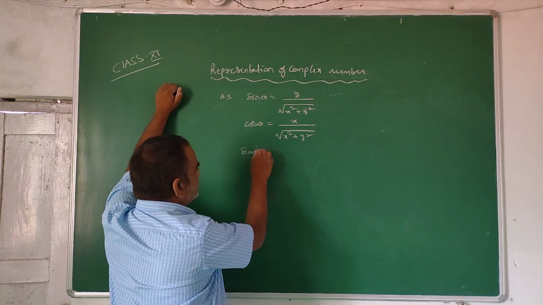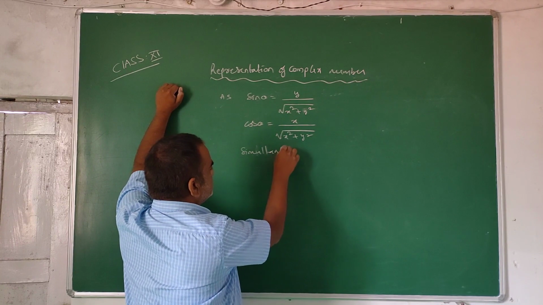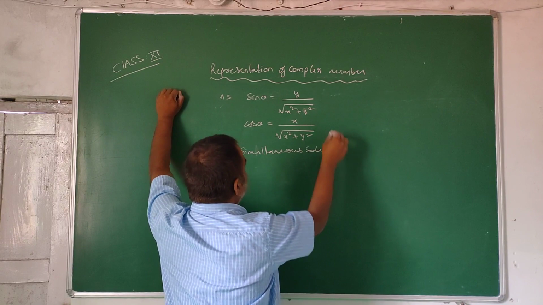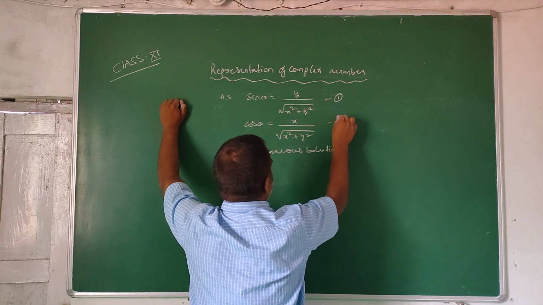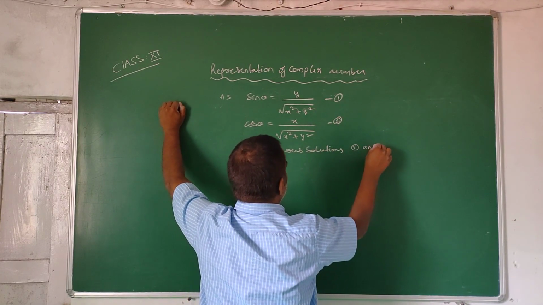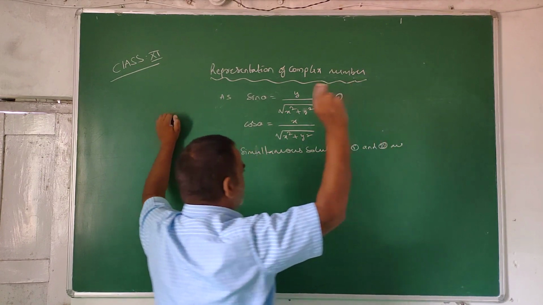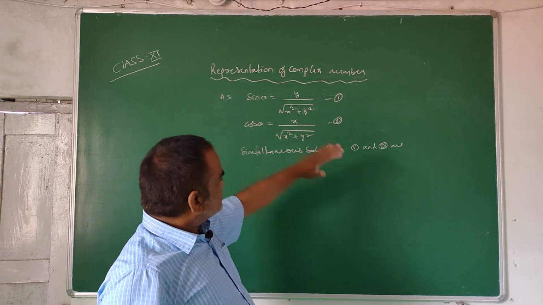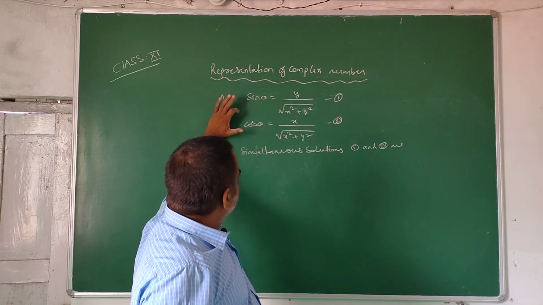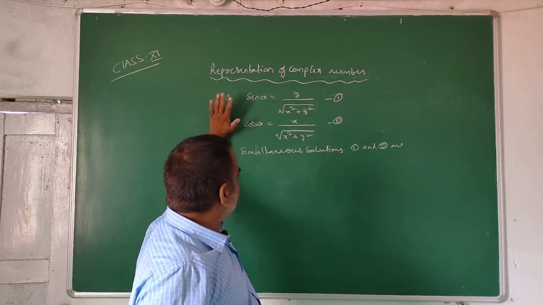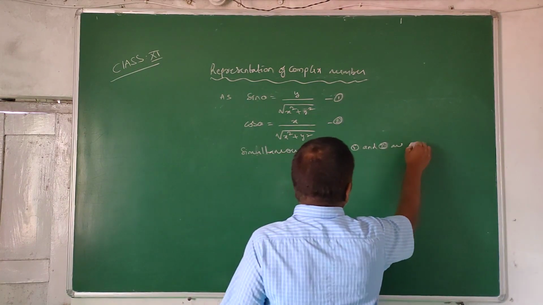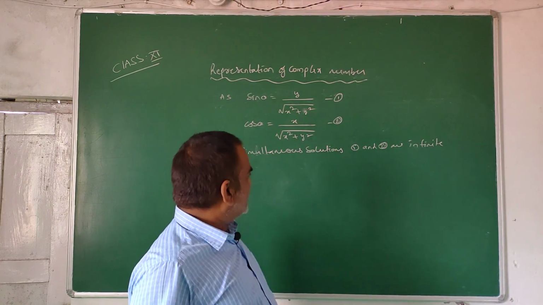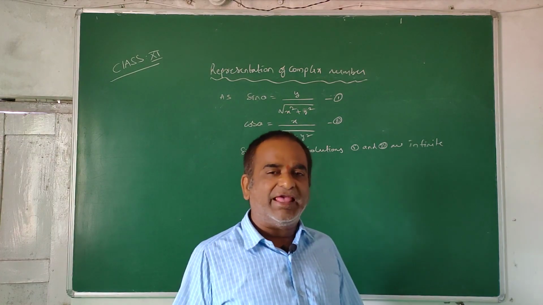The simultaneous solutions of the above two equations are infinitely many solutions you can get which can satisfy these two equations simultaneously. So why do we need infinite arguments for the same complex number?